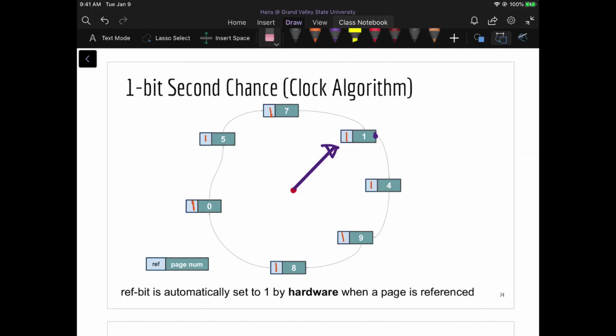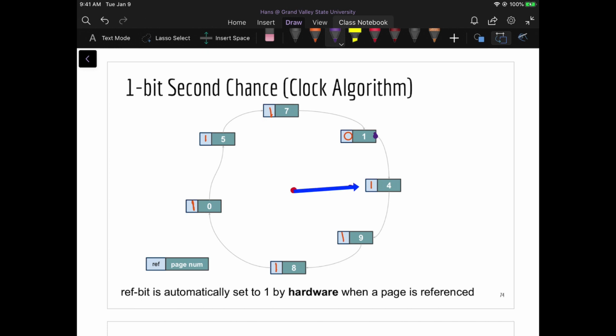So what happens when the reference bits of all our pages are 1? In that case, when the algorithm is looking for a reference bit 0, it will reset the reference bit to 0 for all of them.